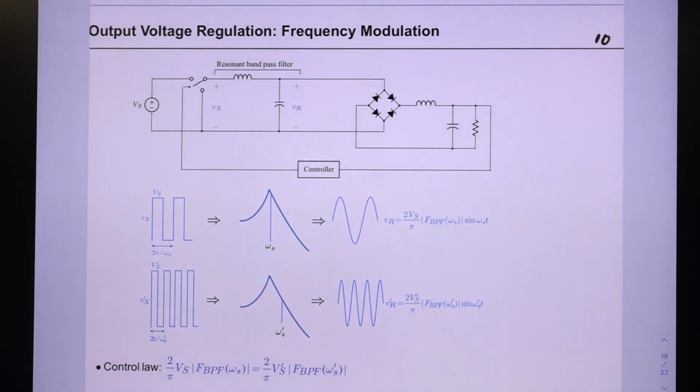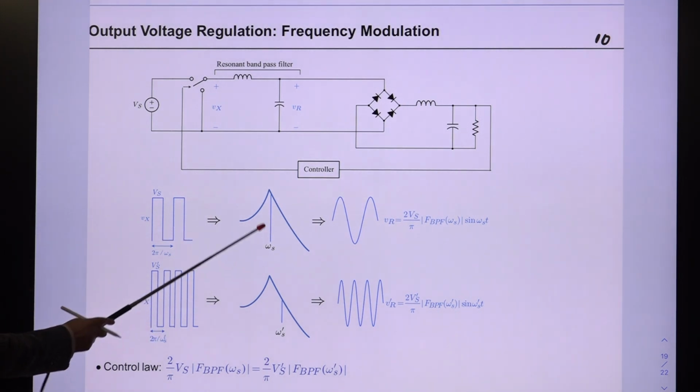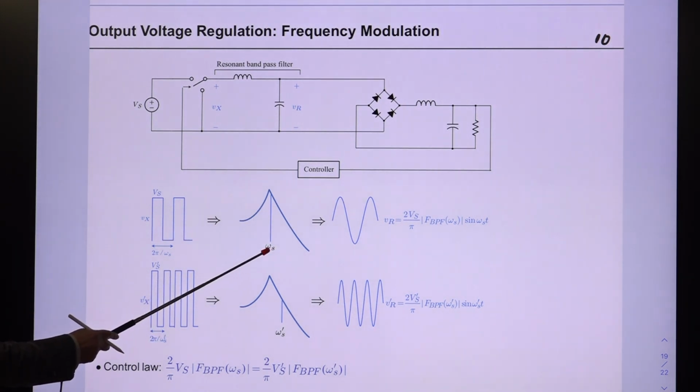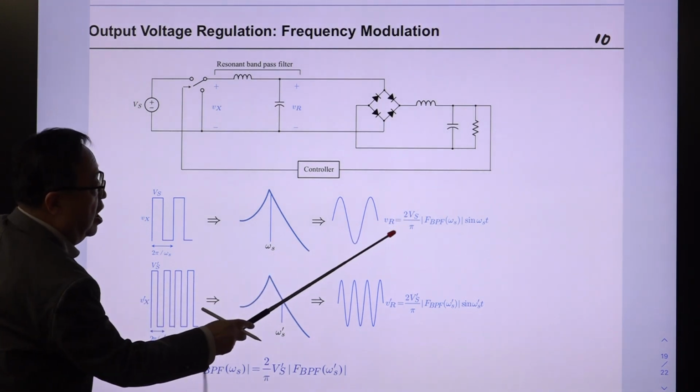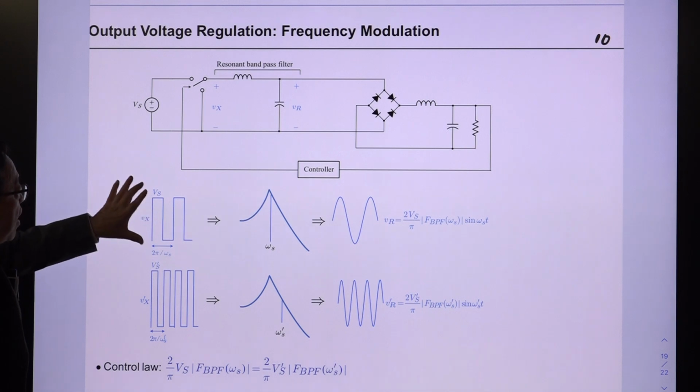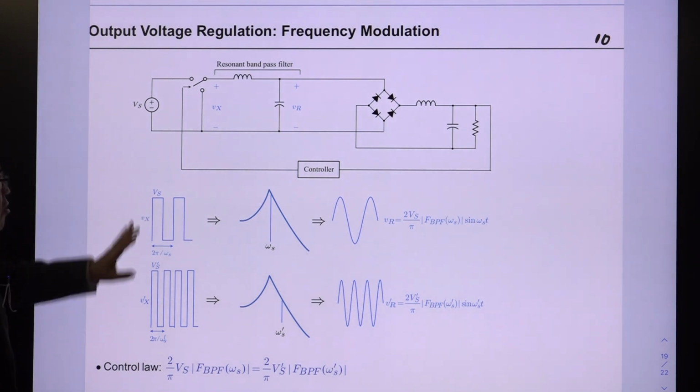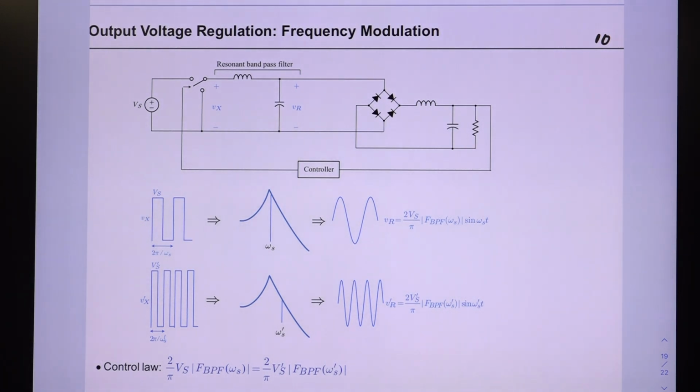There should be a mechanism to control the output voltage, which is shown here. This is the pulse waveform, and this is the frequency response of this resonant bandpass filter. This is the magnitude of the gain at omega s. This is the fundamental component of these waveforms. Again, we need this blocking capacitor.